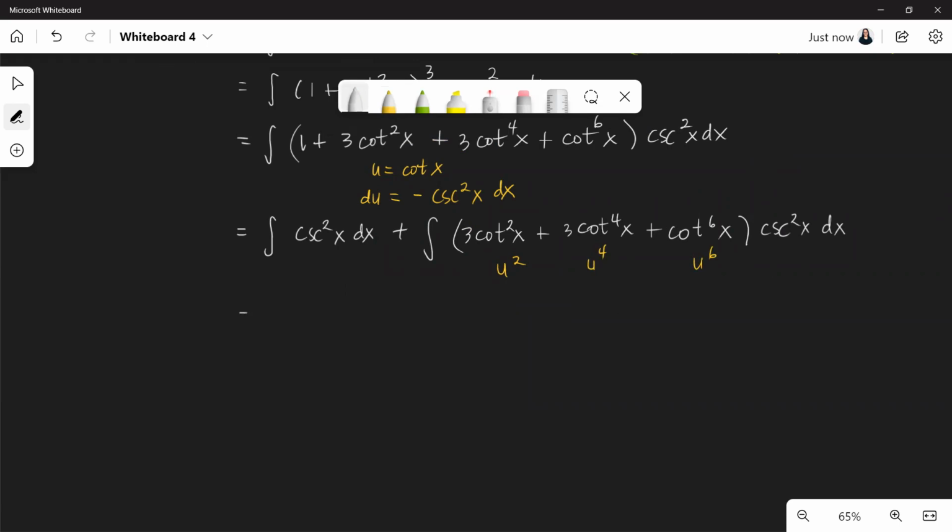To proceed to integration, the integral of the first is negative cotangent x plus c. Then plus 3 times the integral of u squared. We need a neutralizing factor, so be careful with that. We need a negative sign, therefore the neutralizing factor is -1.